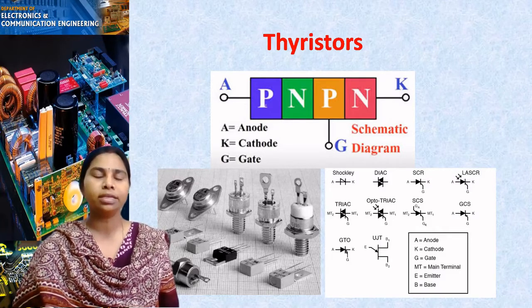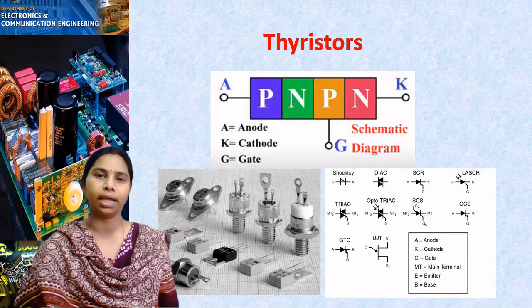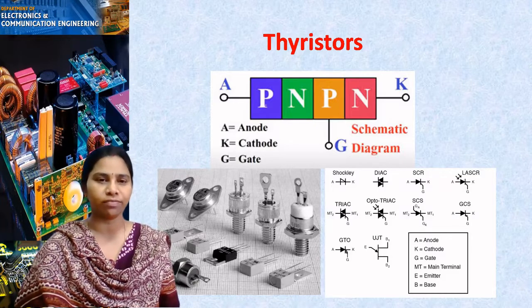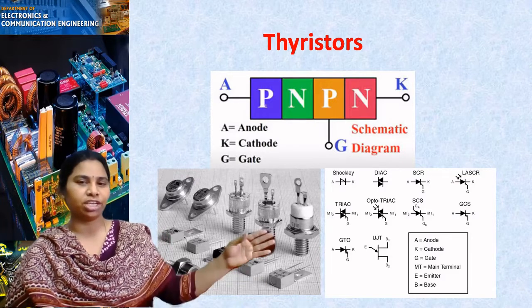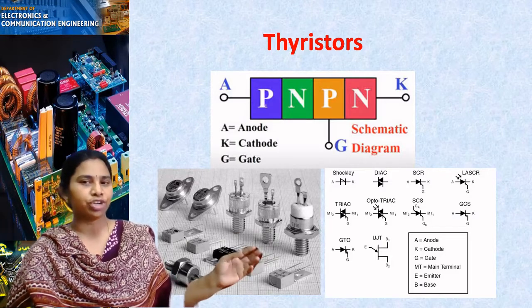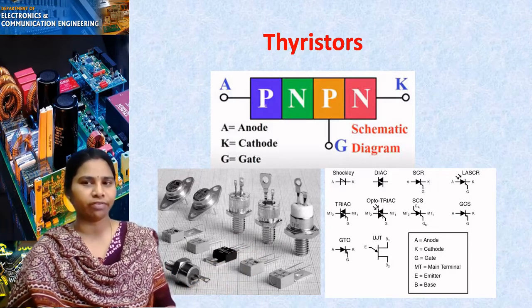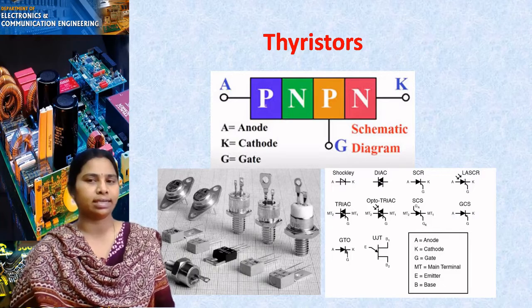Now, thyristors are devices which consist of more than 3 layers and more than 2 junctions. They come under the thyristor family, like what we have listed here: diac, triac, silicon controlled rectifier, SCS, GCS.